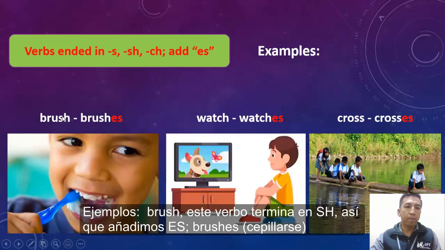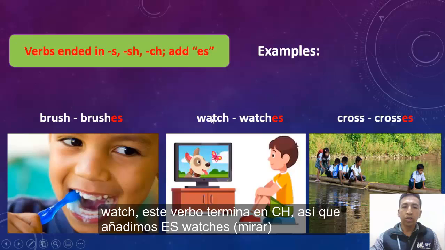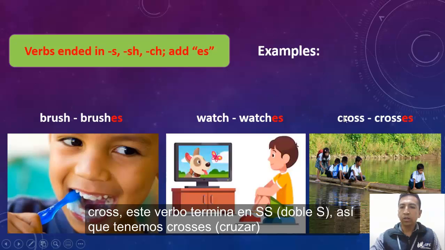Examples: brush, it finishes in sh, so we add es, brushes. Watch, it finishes in ch, so we add es, watches. Cross, it finishes in double s, so we have crosses.